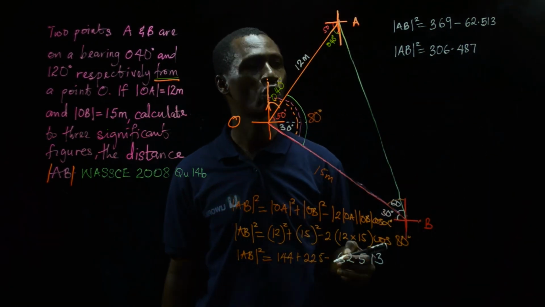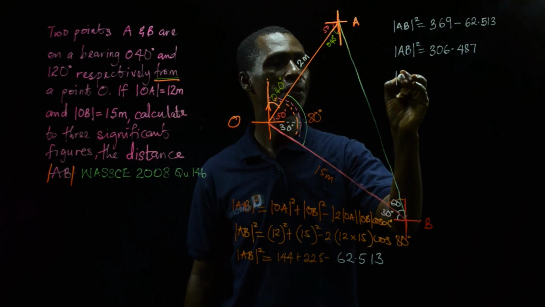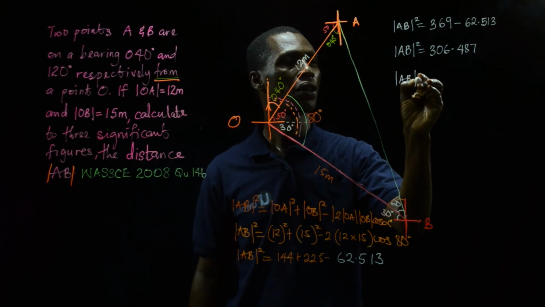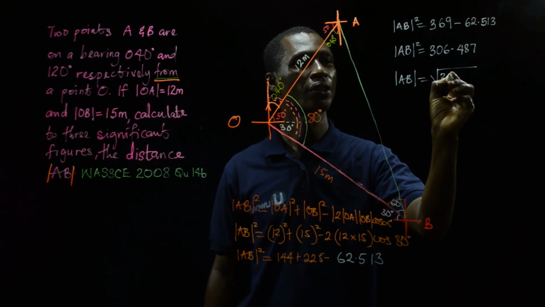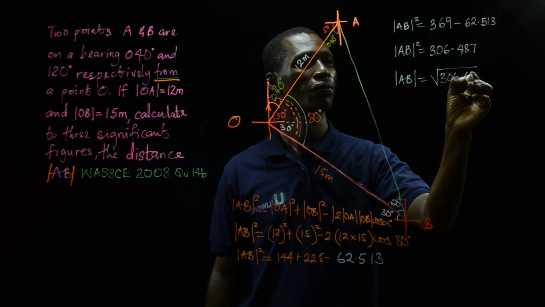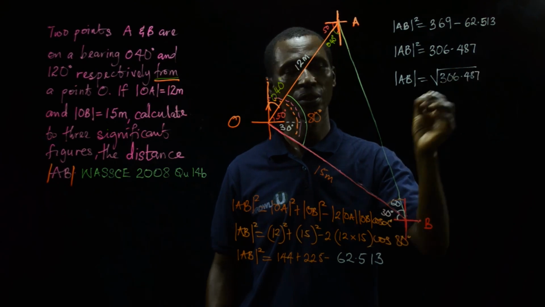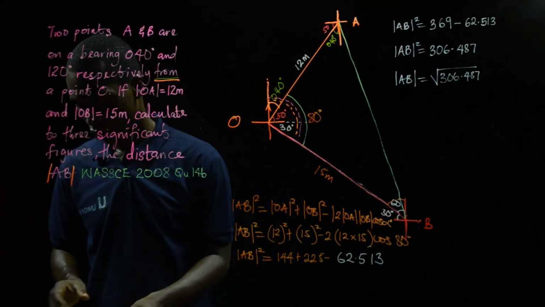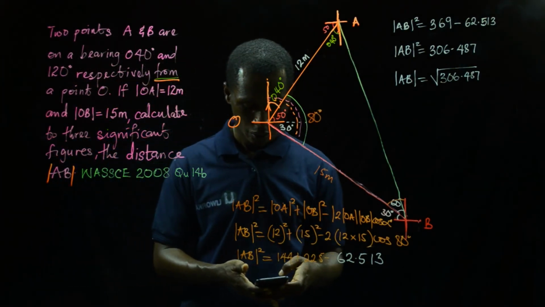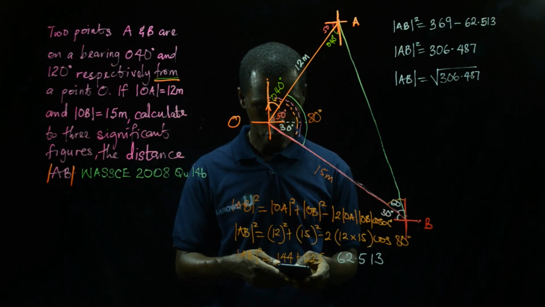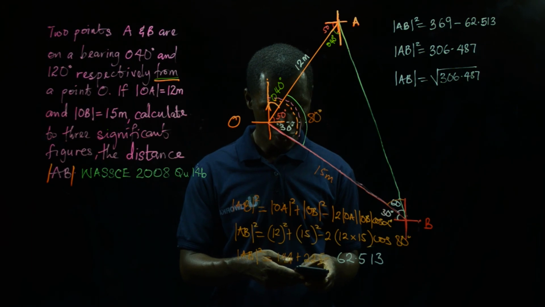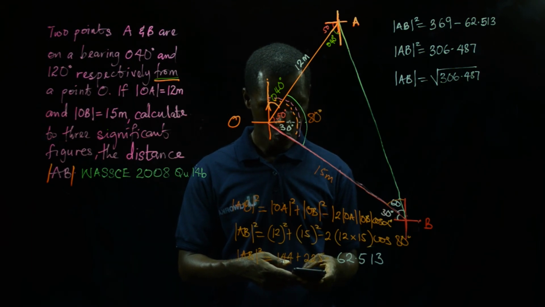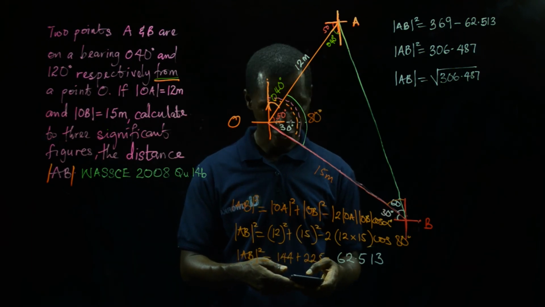You find the root of your answer. So AB is equal to root of 306.487. So point root on the calculator and input 306.487.